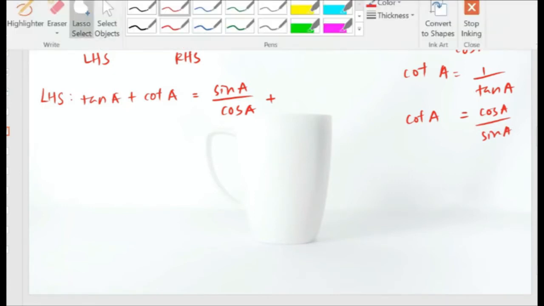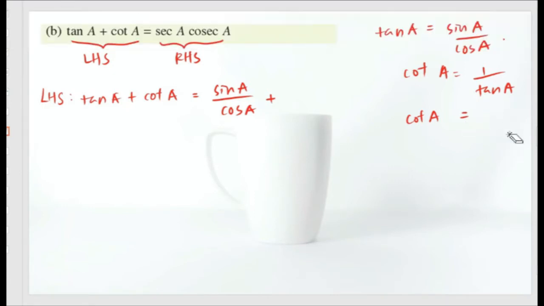If you don't know, you can do it step by step. 1 over tangent A is 1 over sin A over cos A. Okay, so this one moves up. So it's cos A over sin A. If you cannot remember, you do it step by step.